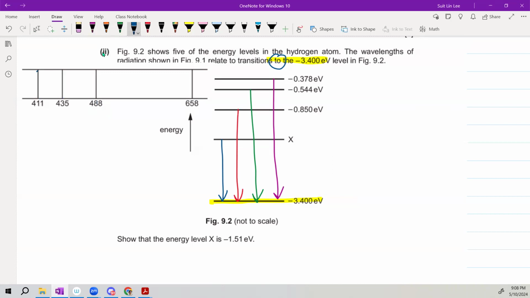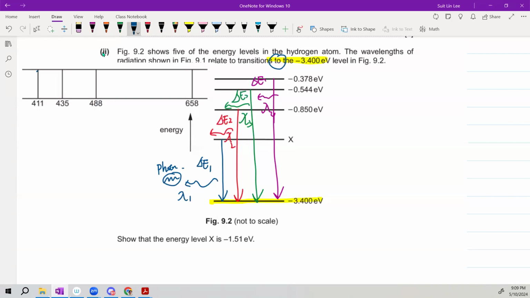I can say that, let's say I label each delta E. This is delta E1, releasing a photon of lambda 1. Likewise, if I jump from the second layer, delta E2, releasing a photon of lambda 2, delta E3, releasing a photon of lambda 3, delta E4, releasing a photon of lambda 4.